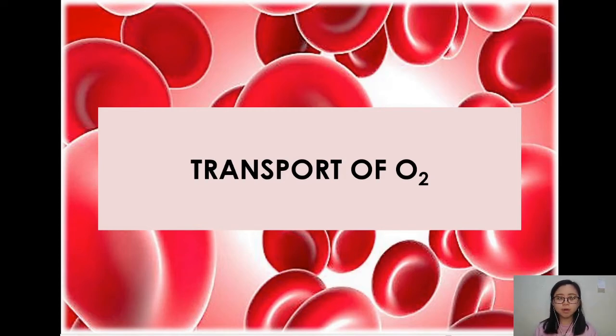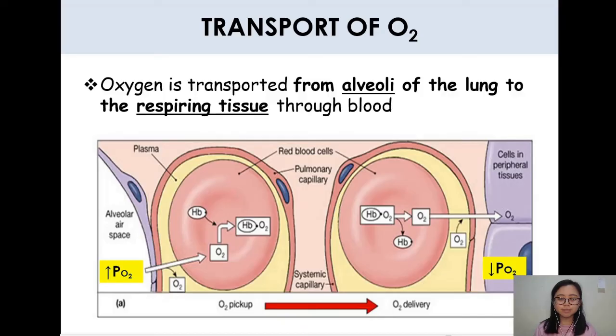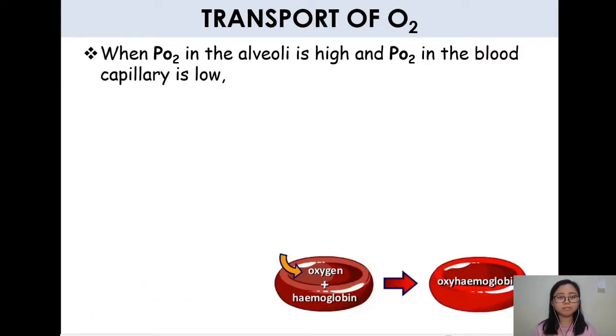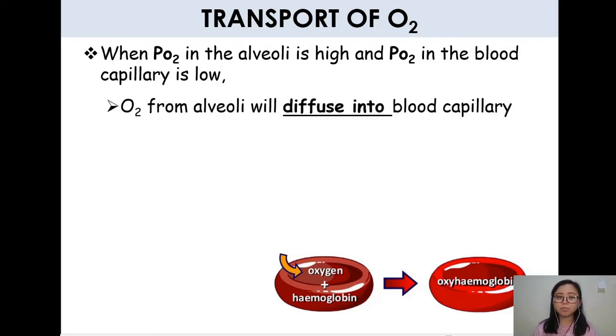So let us talk about the transport of oxygen. When we talk about transport of oxygen, we are talking from alveolus to tissue. Oxygen will be transported from alveoli of the lung to the respiring tissue through the blood. When the partial pressure of oxygen in the alveoli is high, and the partial pressure of oxygen in the blood capillary is low, that is when oxygen from alveoli will diffuse into the blood capillary.